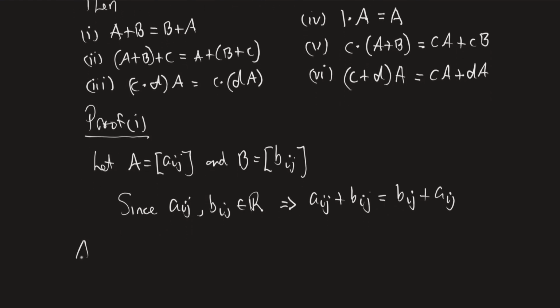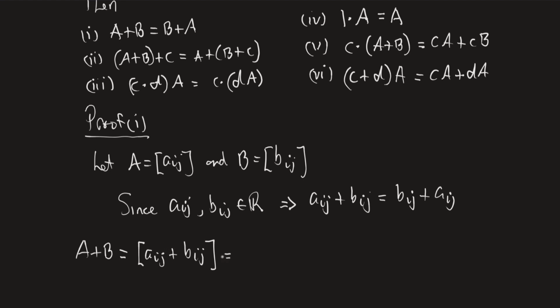So let's write it down. If we have A plus B, well, we defined how to do this operation previously. The way we add two matrices is we form a third matrix by adding the corresponding entries of A and B. So this step is simply by definition, right? That's what we did previously. And now I know, because the entries are numbers, I can change the order as far as addition is concerned.